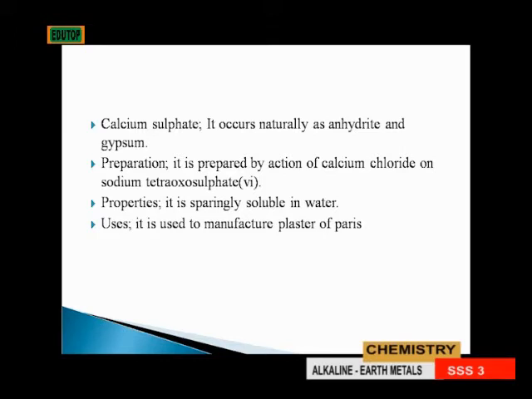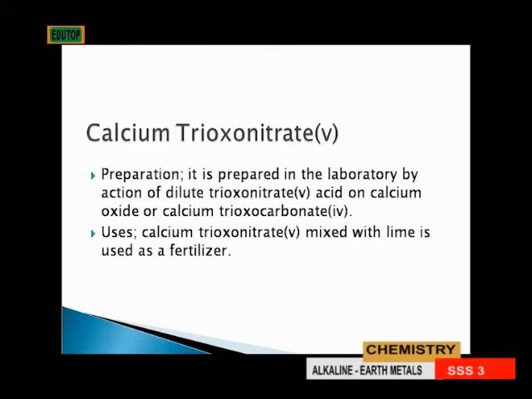Calcium trioxonitrate (V) is another compound of calcium. Preparation. It is prepared in the laboratory by action of dilute trioxonitrate (V) acid on calcium oxide.